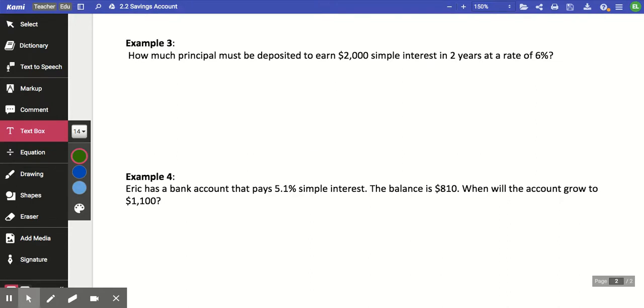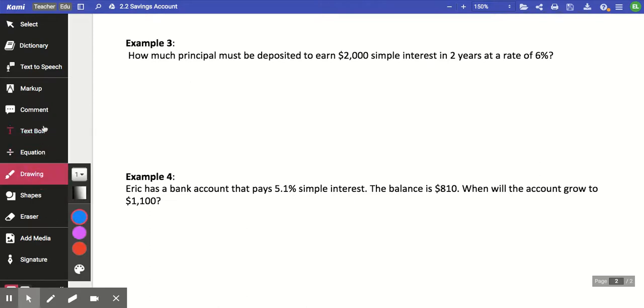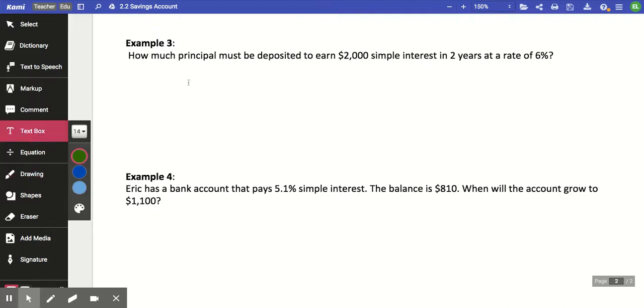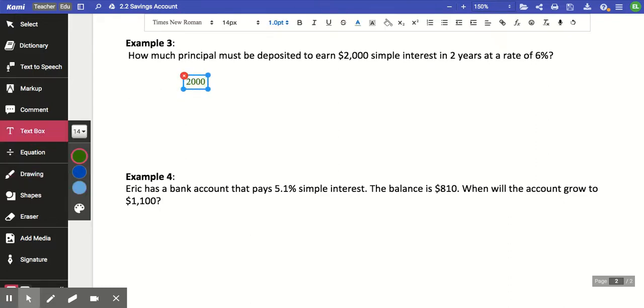In example 3, this time we are solving for how much principal needs to be deposited to earn $2,000 in interest in 2 years at a rate of 6%. So in this case, we are setting up the equation to be able to solve for P. So since 2,000 is our simple interest, we'd say 2,000 equals P times our rate of 0.06 times 2 years. And if I simplify that, I get 2,000 equals P times 0.012.